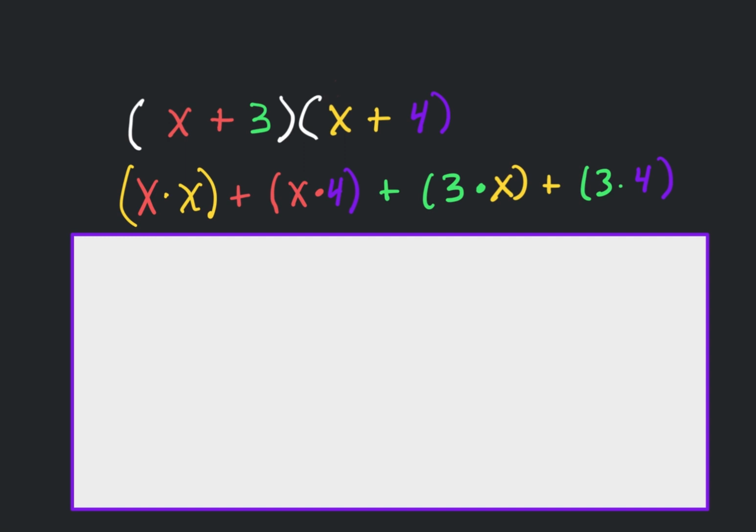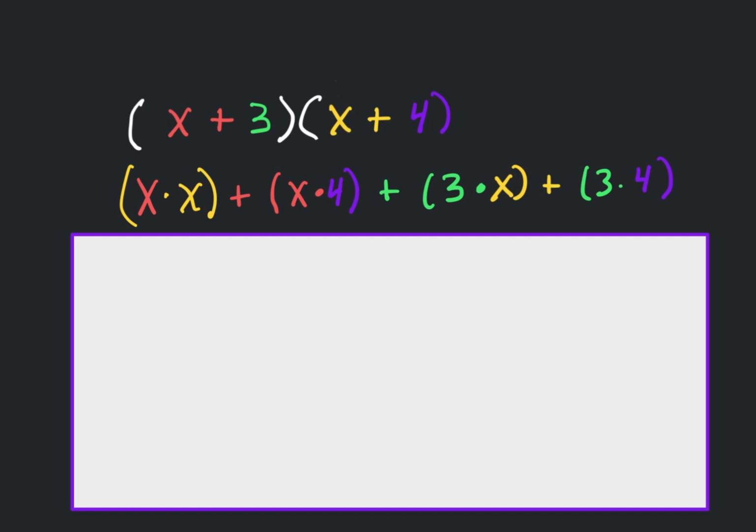So our first term in each of them is x and x. So I'm going to take x times x. Plus. So this plus sign comes from just because there's a plus sign here and here. If I multiply these together, it's going to be a plus.